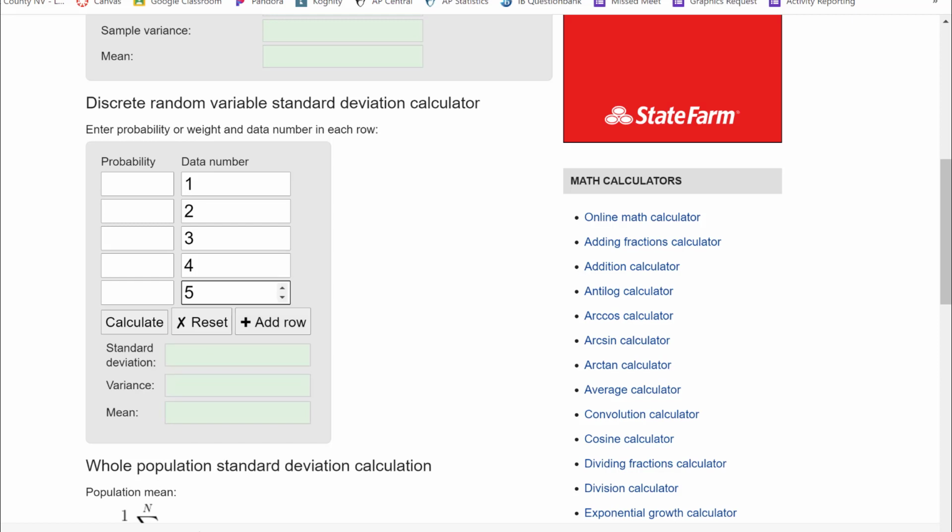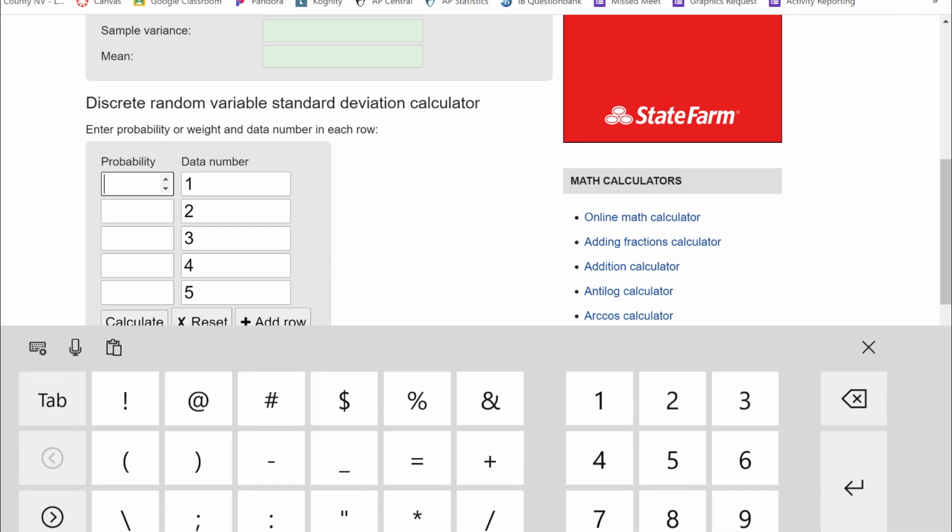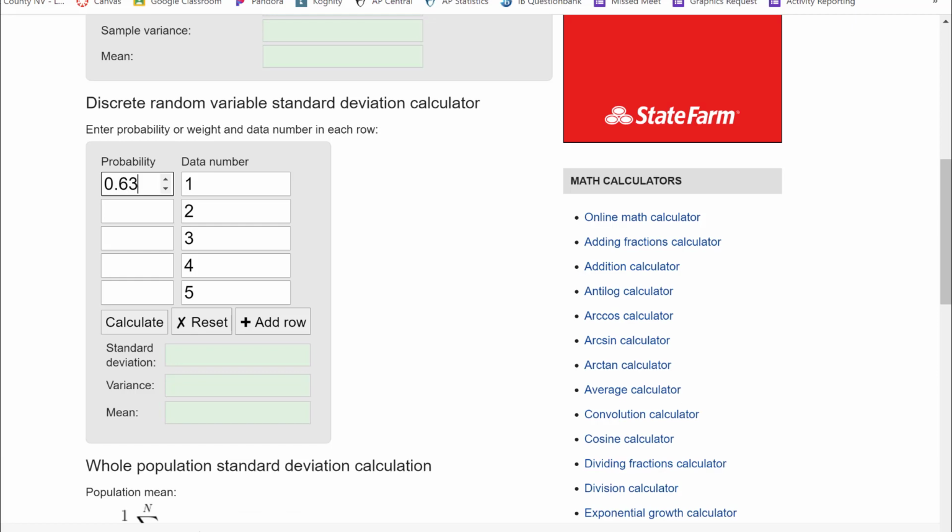So what's important about recognizing this is just seeing that, okay, these are my respective languages that are spoken. And then we enter in the probability. The first one we had was 0.63, then 0.295 for 2, and then we had 0.065 for 3 languages spoken. We had a 0.008 probability of 4 languages spoken, and a 0.002 probability of 5 languages spoken.